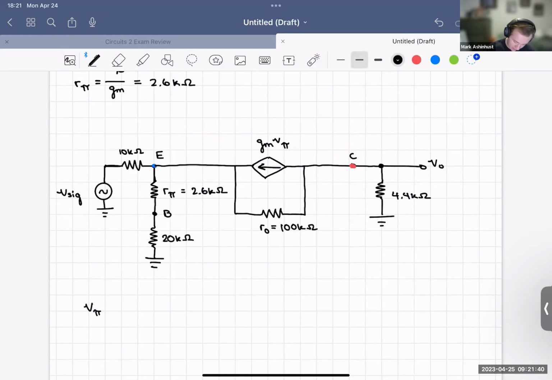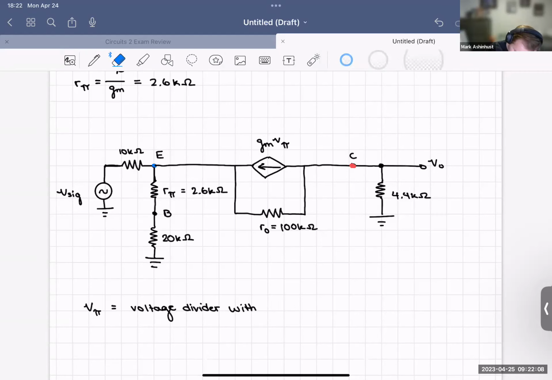So at V pi, looking over here, it's going to be a voltage divider with the voltage at the emitter, VE. I'll show you why if you can't already see it.